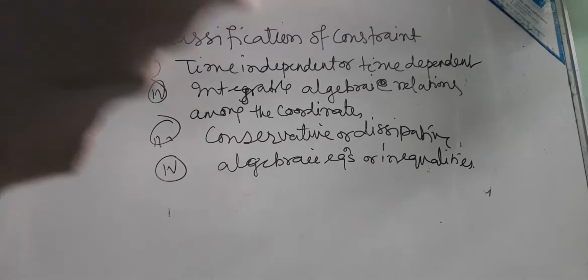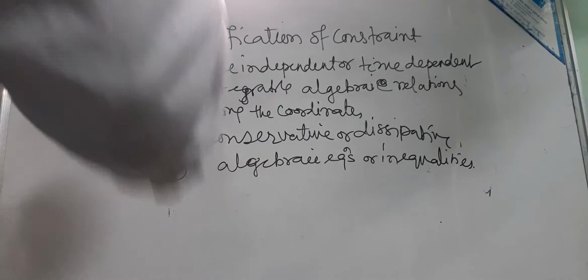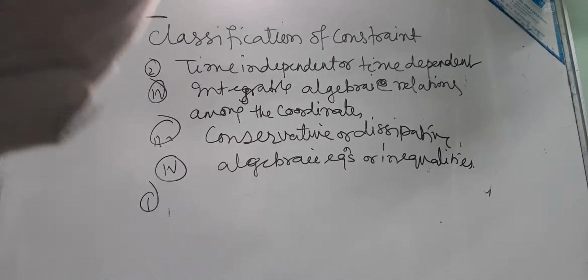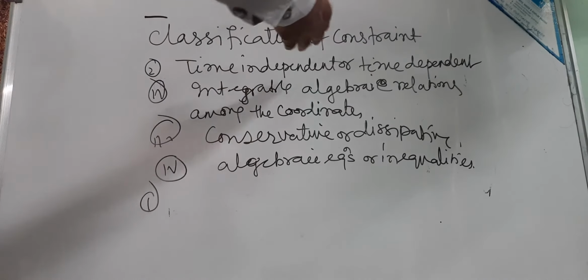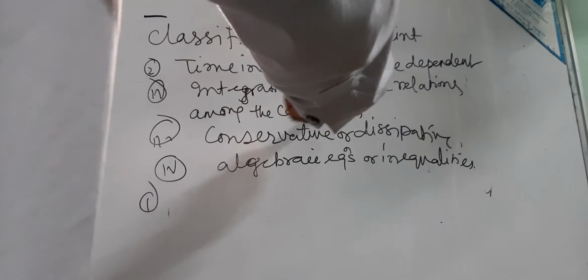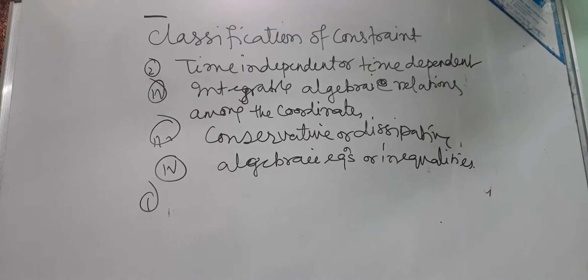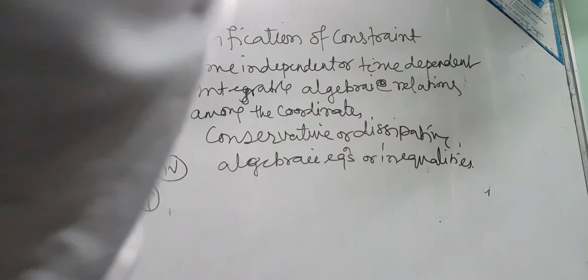Firstly, I'll name the different types of the constraints, the various classifications of constraints. A constraint may be time dependent, time independent, integrable algebraic relations among the coordinates, conservative or dissipative, or it may have an algebraic relation or an inequality.